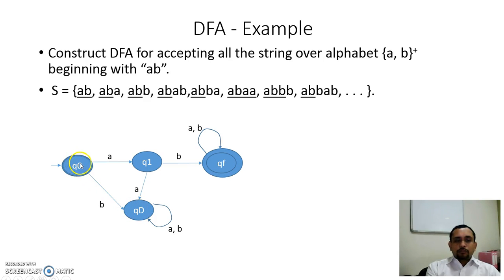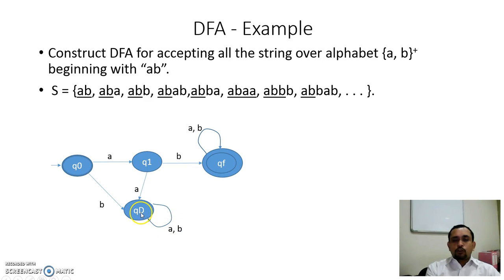That is, on Q0, if the given input is B, the transition should move to this QD. Similarly, from Q1 on the input of A, the transition should move to QD. And in QD, we ensure that on any input, the transition should be to QD only. That means a self loop on all the inputs.